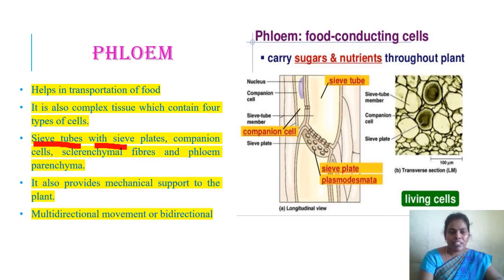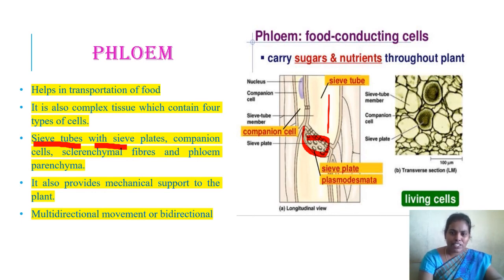Look at this picture, you can understand. Phloem contains long tubular structures, which are called sieve tubes, and the end of the sieve tubes ends with a perforated plate-like structure, which is called sieve plates. Perforated means so many holes are present at the end of these sieve tubes.